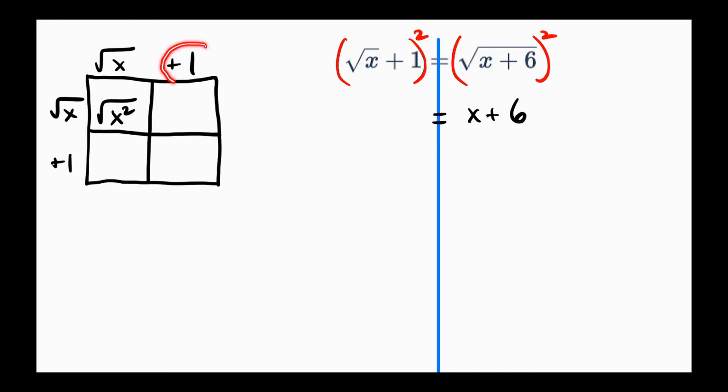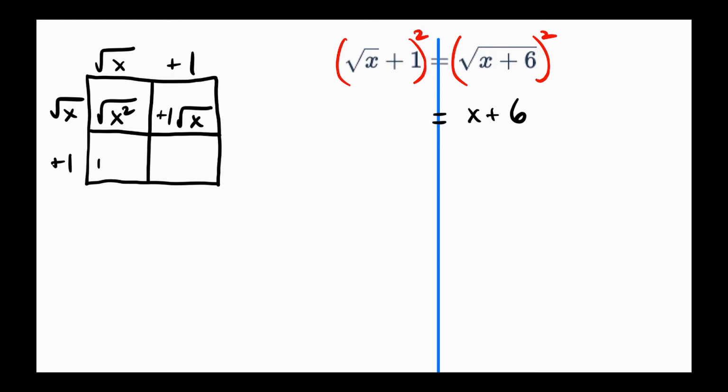I can't multiply 1 times x because 1 is on the outside and x is on the inside. So I have a positive 1 on the outside, and x stays on the inside. 1 becomes the coefficient, and x becomes the radicand.